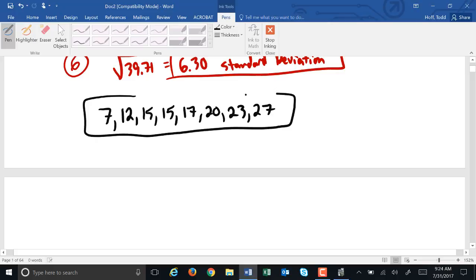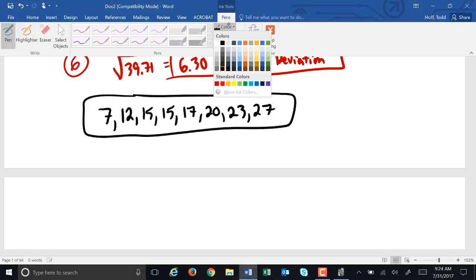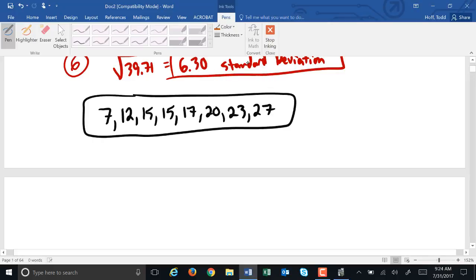So with this set of numbers already put in order for you, our next challenge is going to be to find the 70th percentile and the 35th percentile.